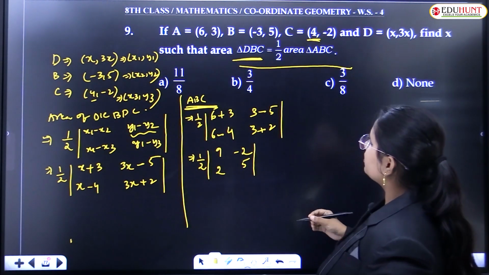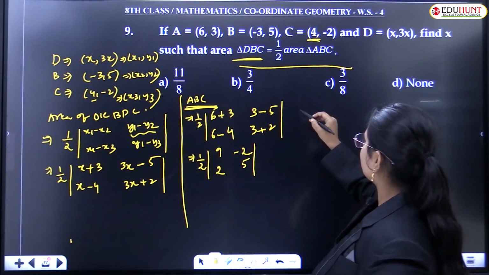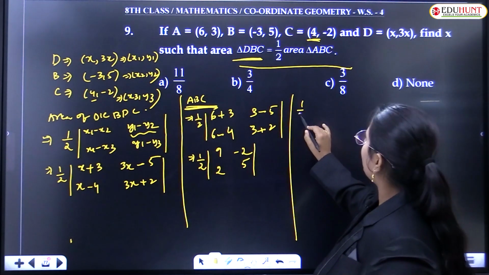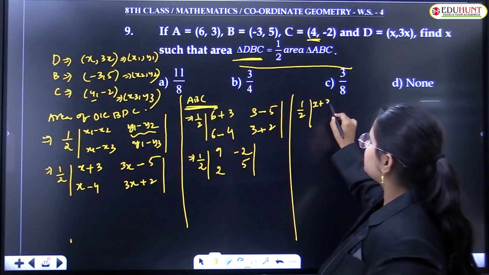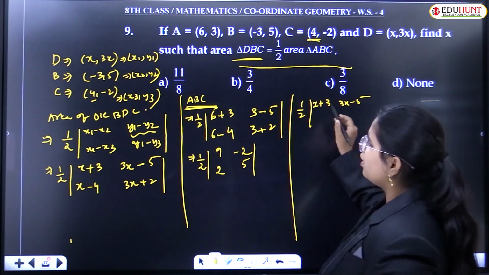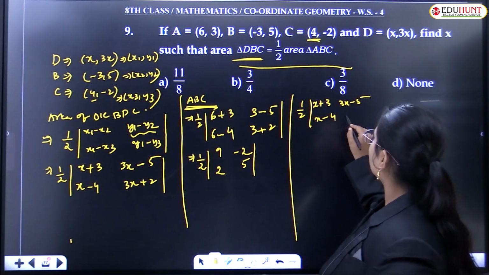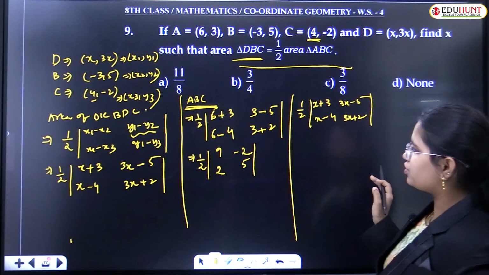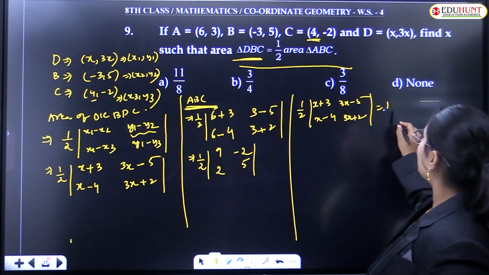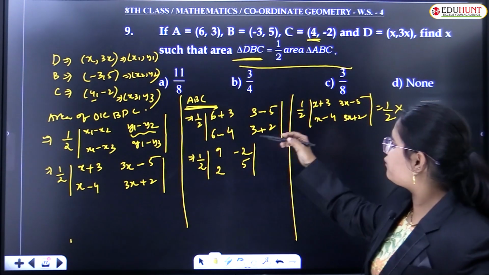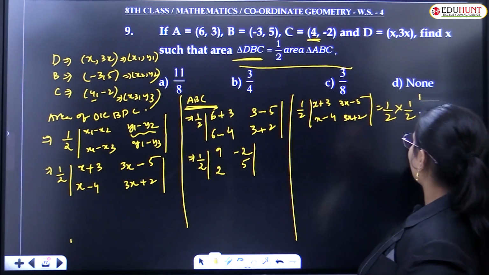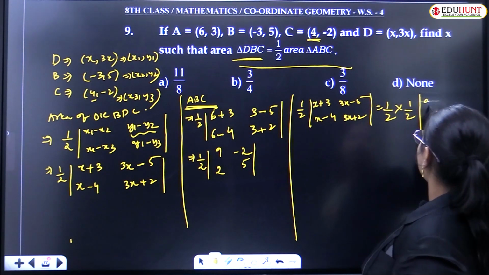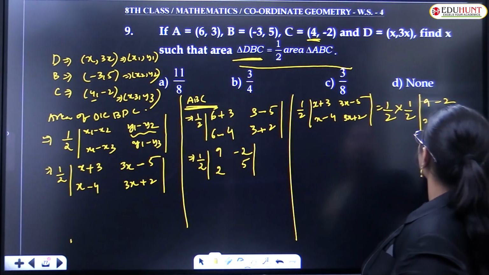Okay, chalo. The area of triangle DBC is exactly equivalent to half modulus of x plus 3, 3x minus 5, and x minus 4, 3x plus 2, which is equal to half of, again you have one more half, half of half, 9 minus 2, 2, 5.